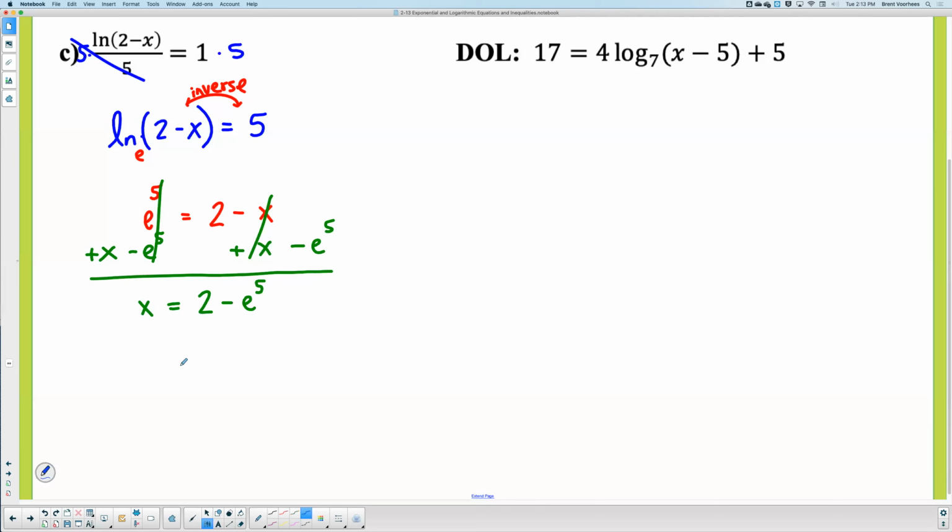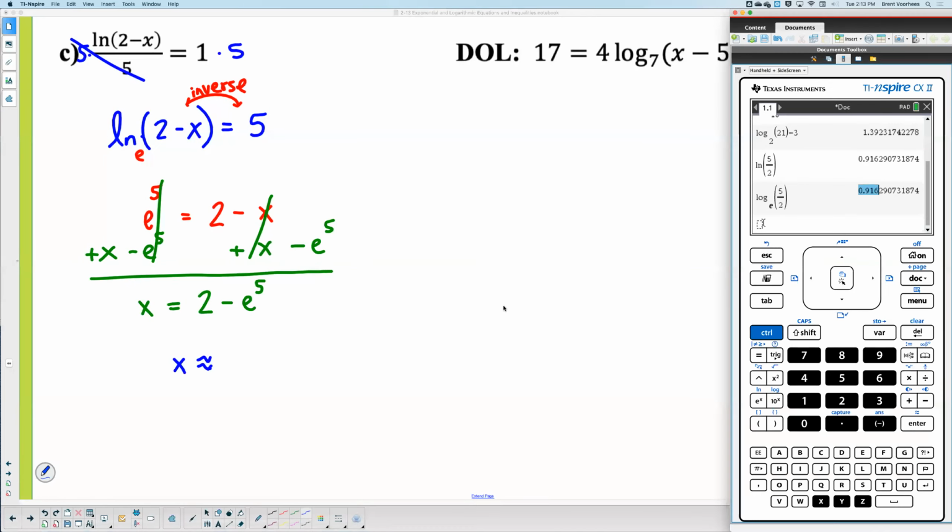We'll go to the calculator and we are rounding to the 1,000th. Which again, 1,000 has 3 zeros, so we need 3 decimals. So this time it would be 2 minus e to the 5th. I want 3 decimals. So I'm getting negative 146.41. Would I leave it as a 3 or make it a 4? 3.